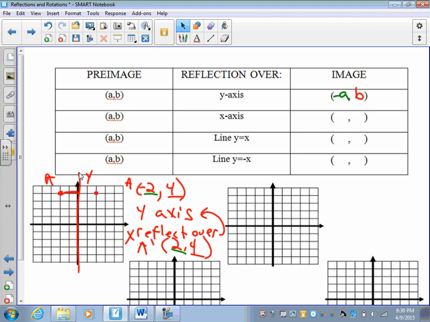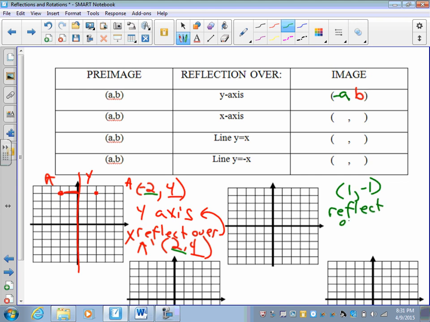Now for a reflection over the x-axis, let's pick a point 1, -1, and I want to reflect it over the x-axis. Here's my x-axis, I'm going to highlight it and plot my point +1, -1.